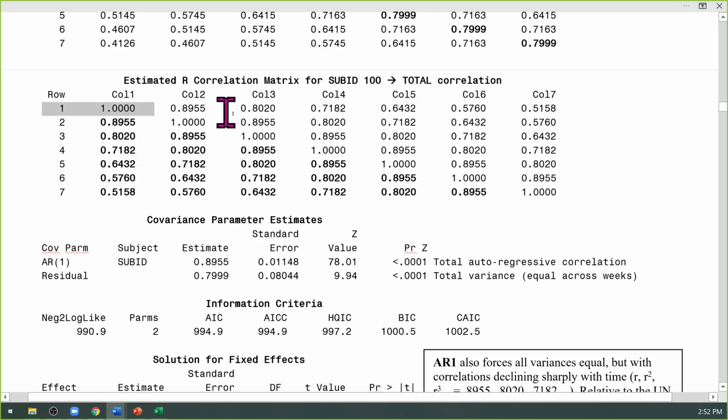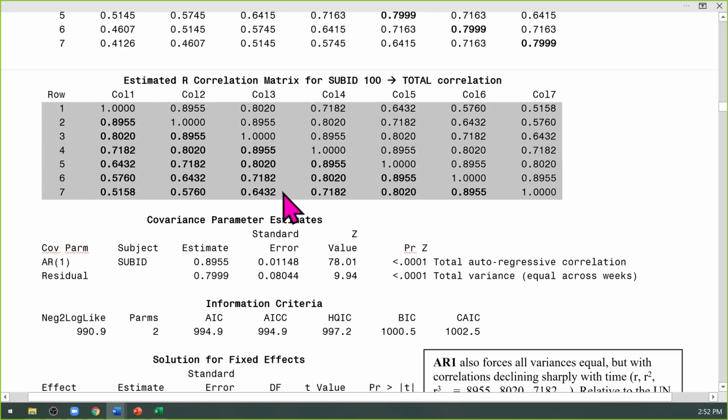So we get this whole pattern of changing correlations over time out of one number. It's a relatively parsimonious structure because it's only 2 parameters, the same as compound symmetry. It's not nested in compound symmetry because it's a different two parameters, but it is still nested in unstructured.